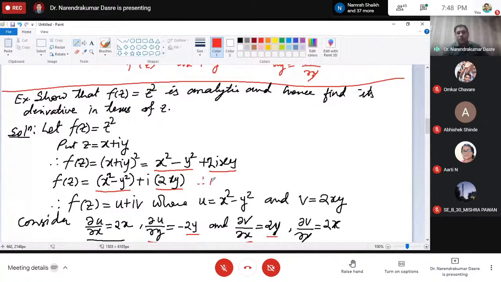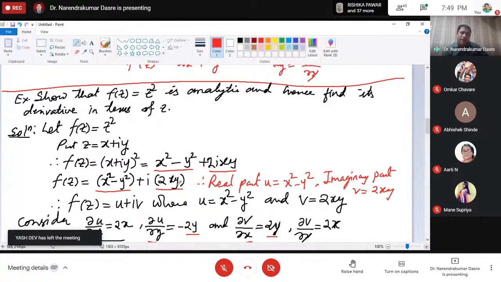So here the real part is u equal to x square minus y square, because we don't have i here, and the imaginary part is v equal to 2xy, because we have i associated with this part. So the part which does not contain i is the real part, and the part which contains i is the imaginary part.